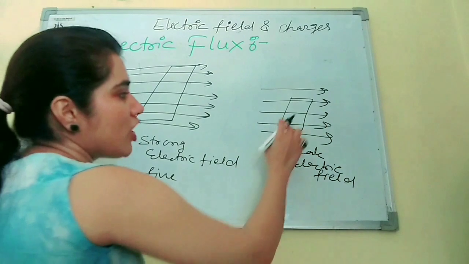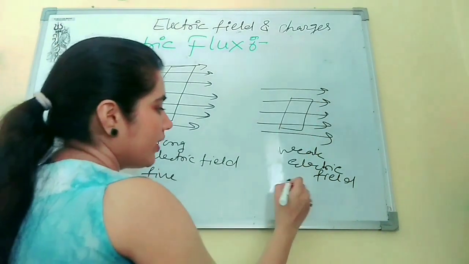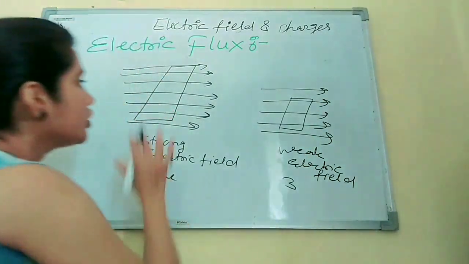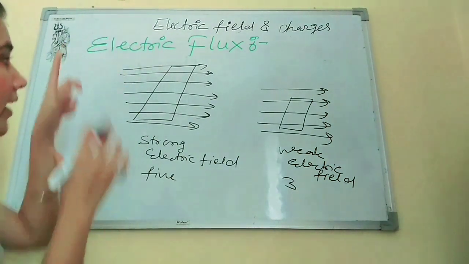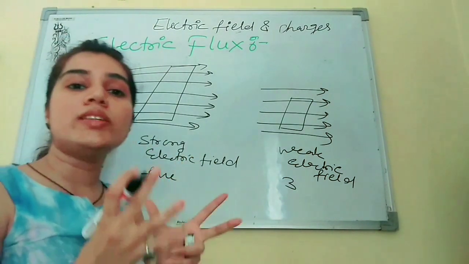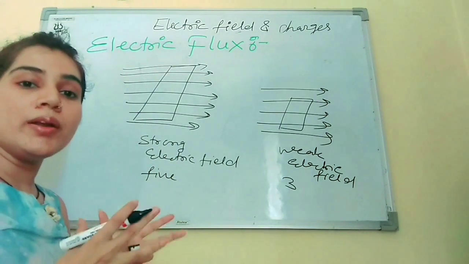And in this surface, how many lines are passing? 1, 2, 3.